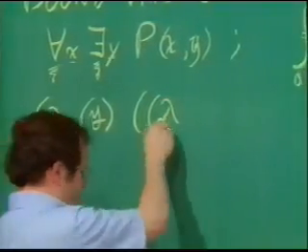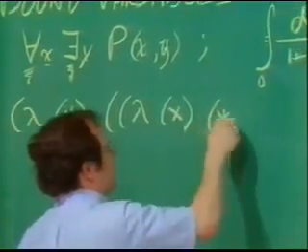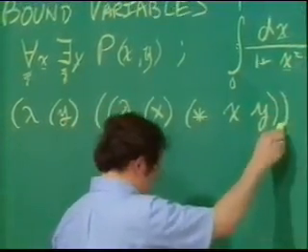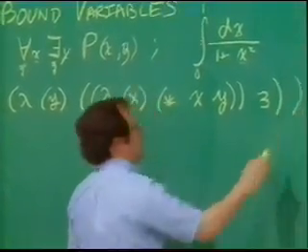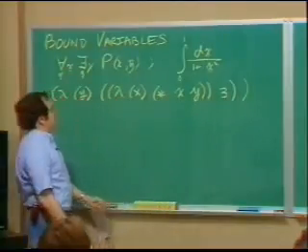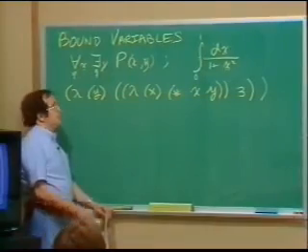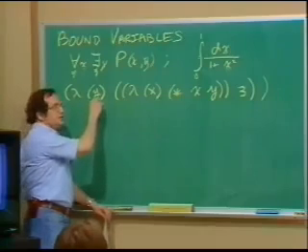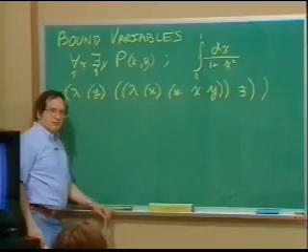It calls the procedure of one argument x, which multiplies x by y, and applies that to 3. That procedure has the property that there are two bound variables in it, x and y. This quantifier lambda here binds this y, and this quantifier lambda binds that x.